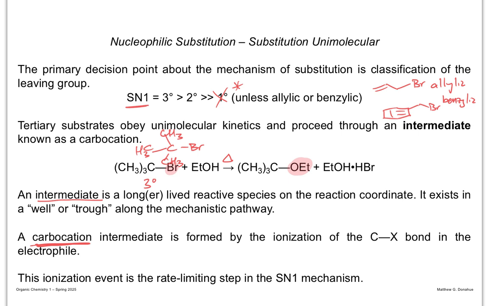So in the SN1 mechanism, it's not immediately displaced by the nucleophile. It first ionizes. When we look at that carbon-bromine bond, from electronegativity, bromine's more electronegative than carbon. So what happens first is that C-Br bond ionizes. So the bond cleaves.